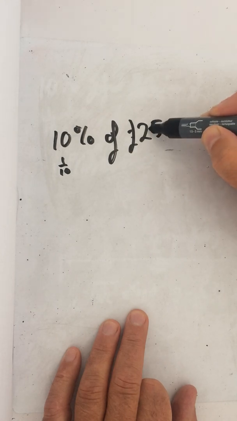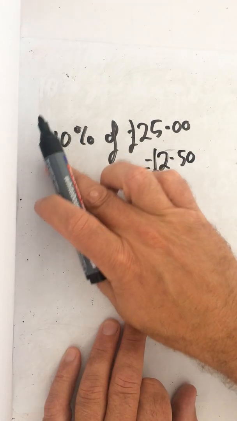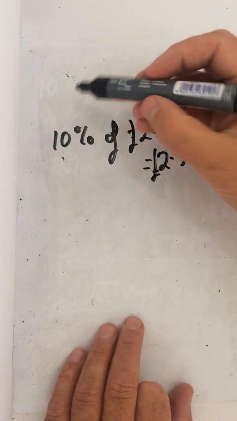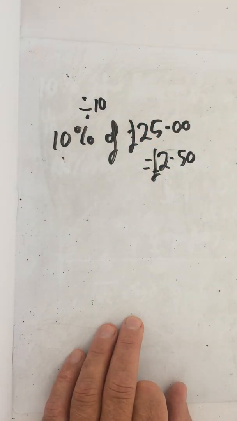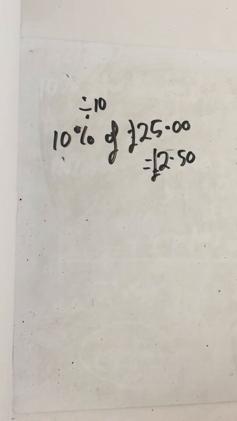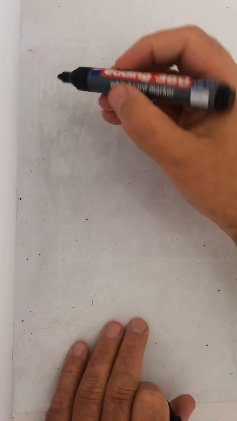So I'm going to move the decimal to make it smaller. So that becomes £2.50. Okay, 10% is £2.50, because we're dividing by 10. So to find 10% of anything, you just divide the number by 10. Okay, and then we use that 10%, don't we, to find other numbers.